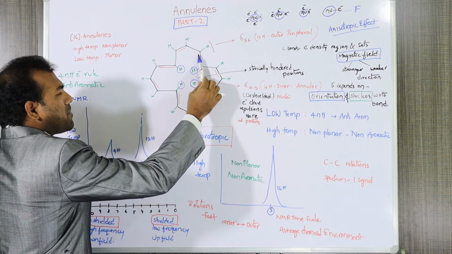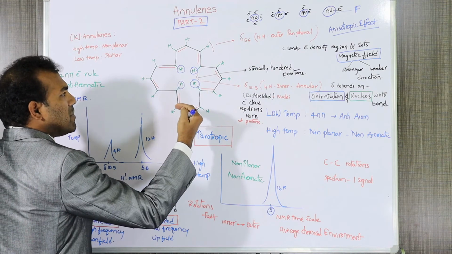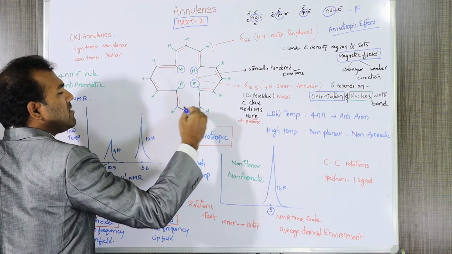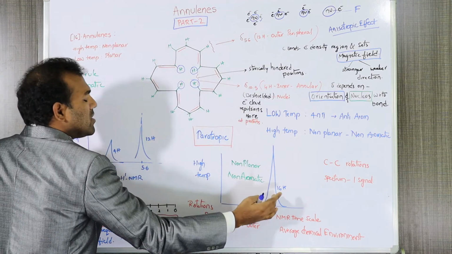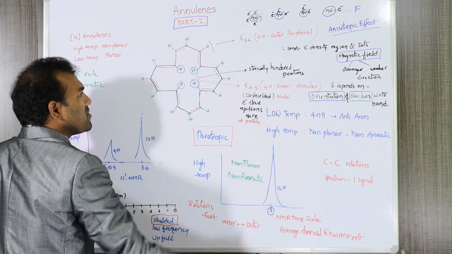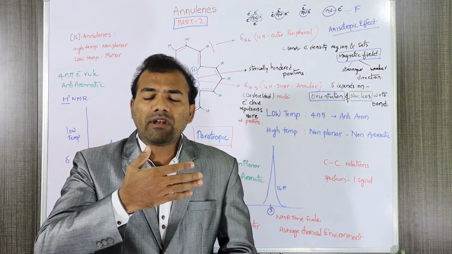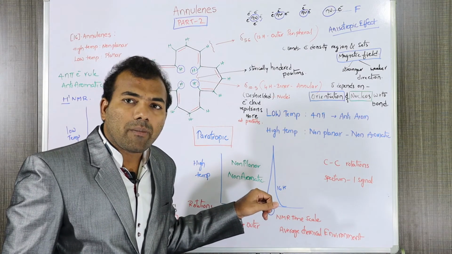So when the carbon-carbon bond rotations are happening with the rising of temperature in this annulene, all these 16 hydrogen atoms come to the same chemical shift environment. When we raise the temperature, the planar structure will become non-planar. At the high temperature, it is a non-aromatic compound.